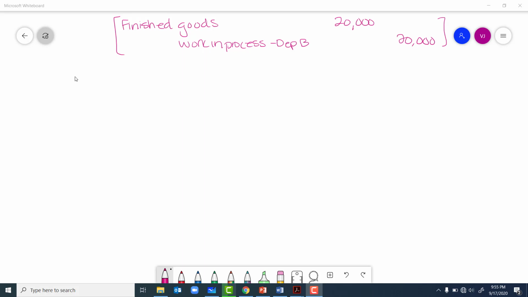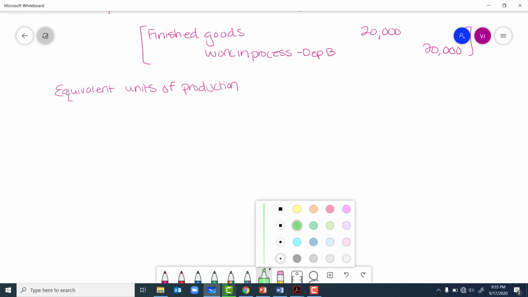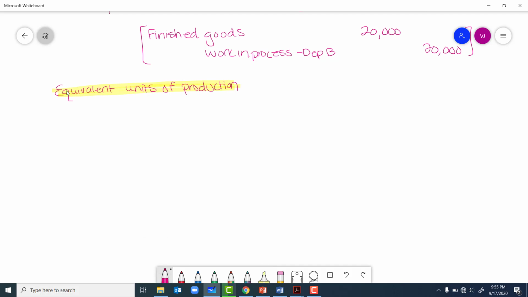Okay, so we said we want to start off our discussion with focus on equivalent units of production. So with the equivalent units of production, that's something specific to process costing here. So usually a department, again, because remember these departments are working on homogeneous items, right, and doing a lot on a continual basis.